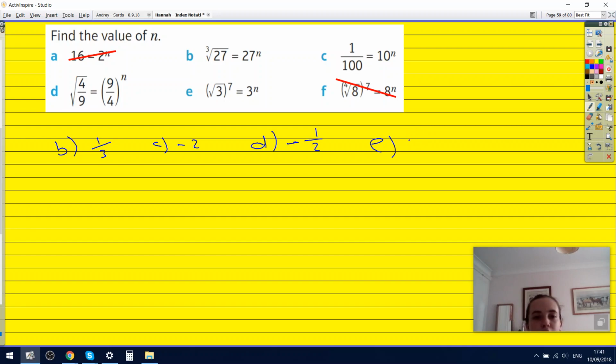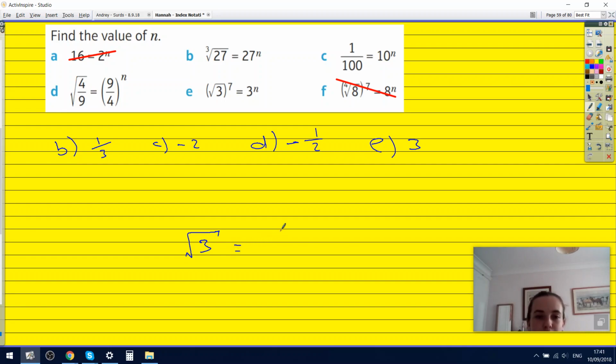Three to the, is it to minus. Yeah. What if it was square root of 3?